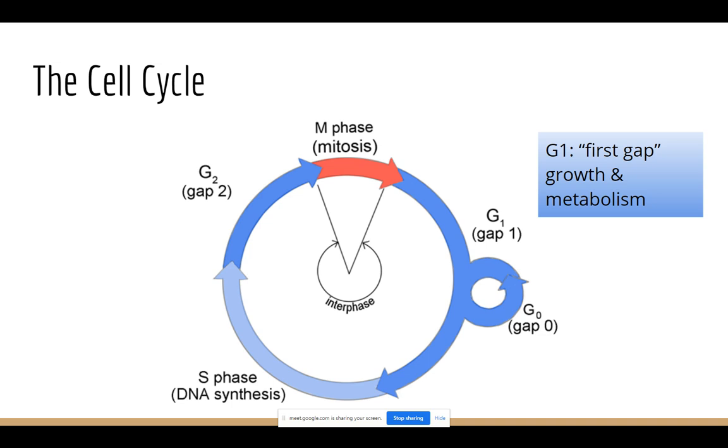At some point during G1, a cell needs to make a decision, and I use that word not because cells have a brain, but it's a decision based on the chemical signals that it receives, which we'll talk about more later this week, whether or not it's going to divide. Because a lot of your cells in your body don't need to be dividing all the time, right?